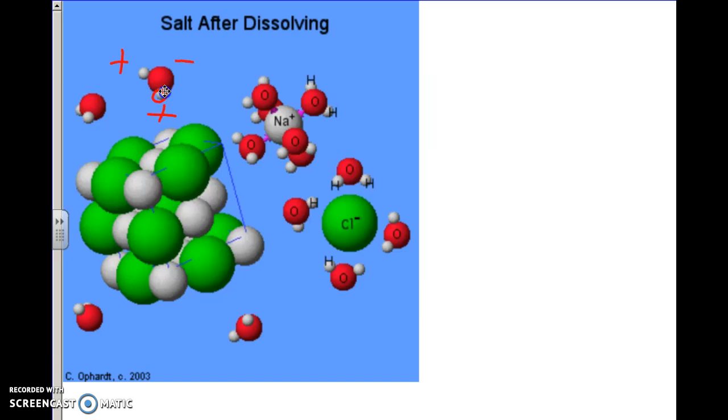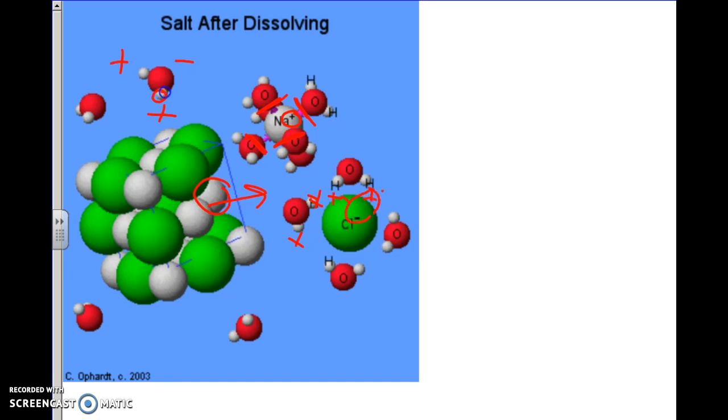So when you put an ionic compound like salt into water, all the slightly negative charges of these oxygens are attracted to this positive charge of the sodium, and it effectively rips it out of the crystal.